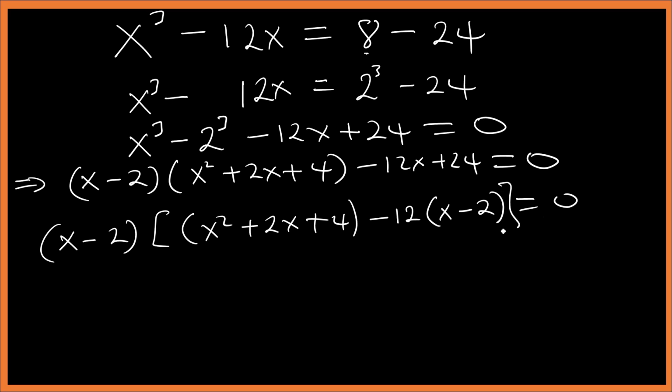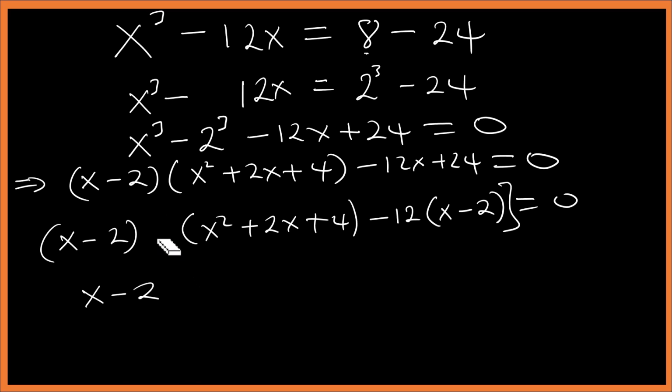So let's close this one. Okay, so we have this one times that. Now we can do some amendment here, we can factorize x minus 2 here. Okay, so we have x minus 2.